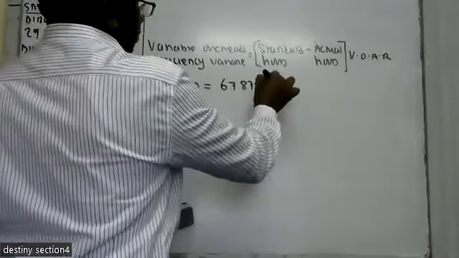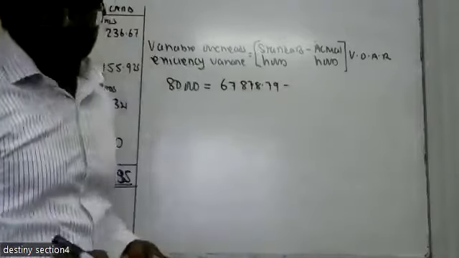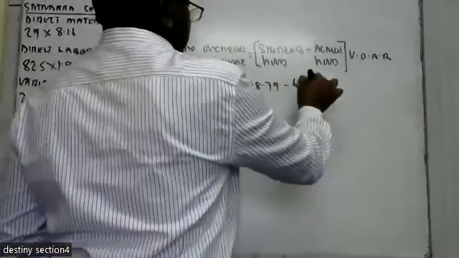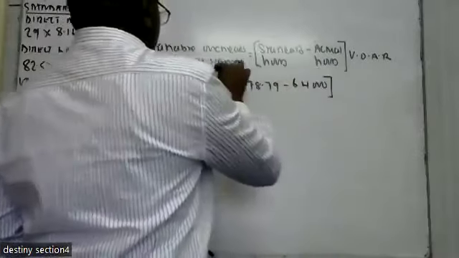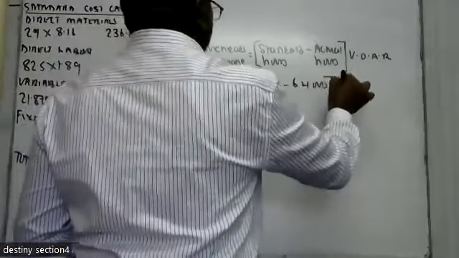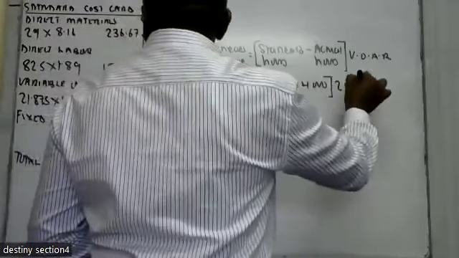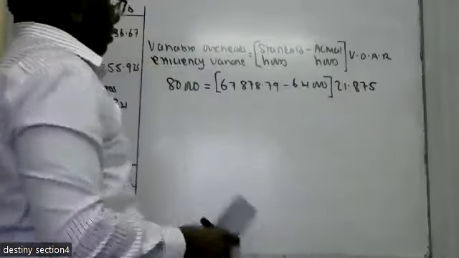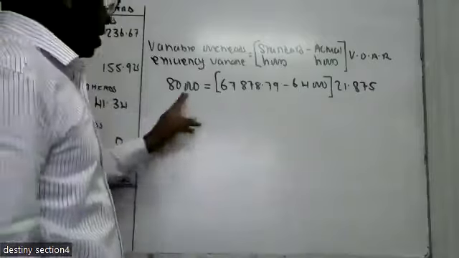67,878.79. And actual hours are 64,000. And VOR you got 21.875. Now, can you check whether they're inaccurate?